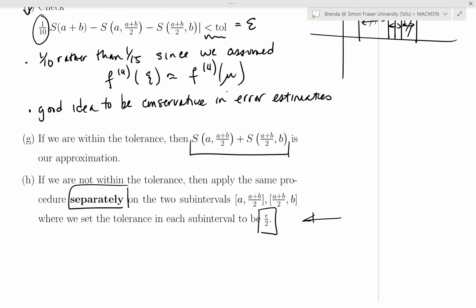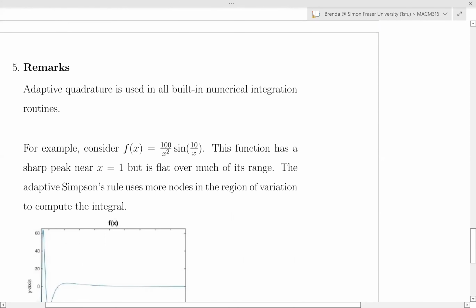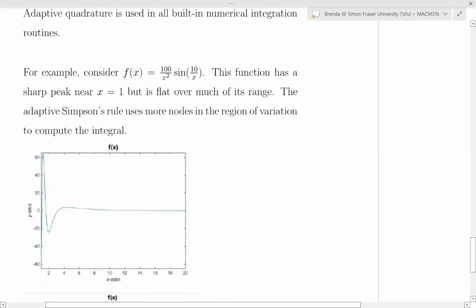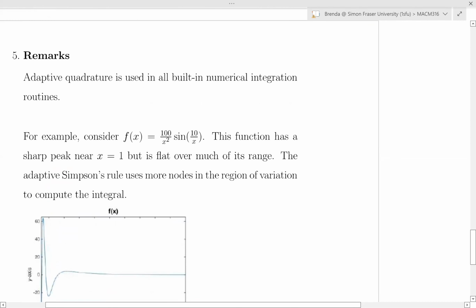Okay. Let's just have a look at what this looks like. Adaptive quadrature is used basically in all of the built-in numerical integration routines. So here's a function, 100 over x squared, times sine of 10x. Let me just say something about that.